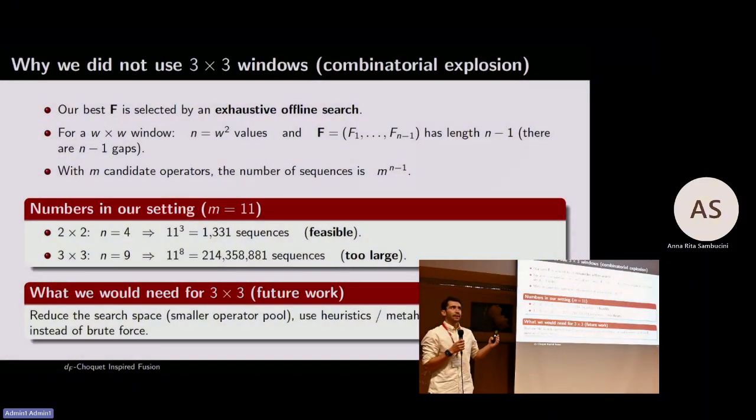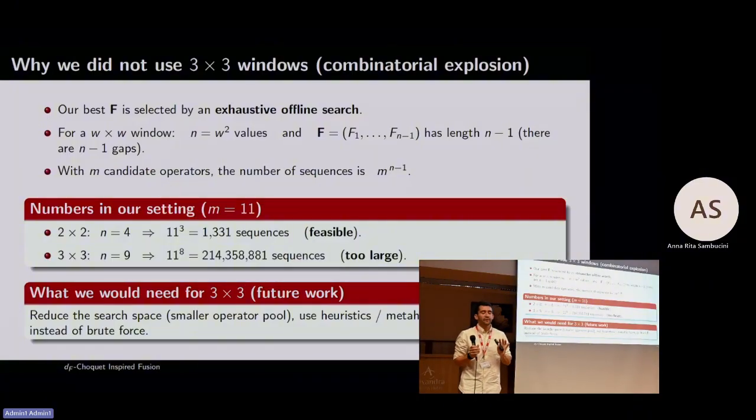At the first time, we didn't know what the performance of the combinations would be. So we decided to do an exhaustive offline search because we don't have any a priori knowledge about the performance of each sequence.